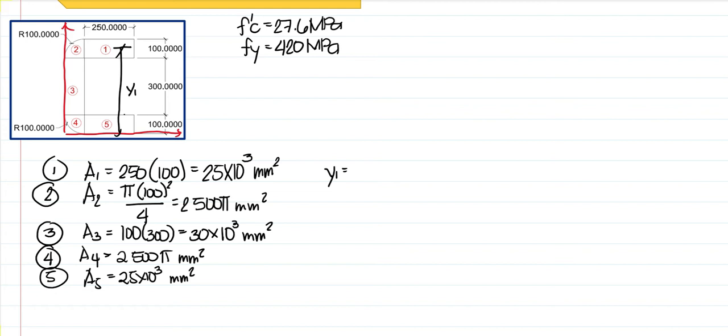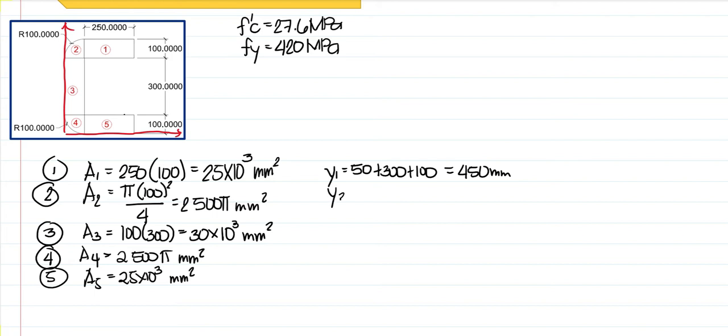So, ngayon, that is, syempre, kalahati ng 100 plus 300 plus 100. So, yun yung distance niya. So, that is 50 plus 300 plus 100. So, that is 450 mm.